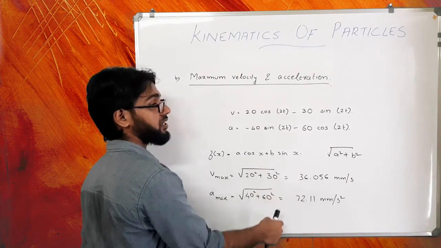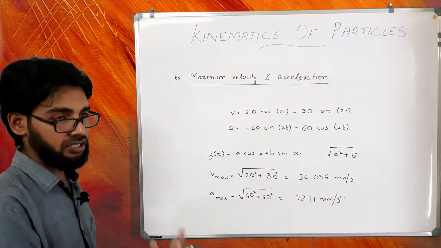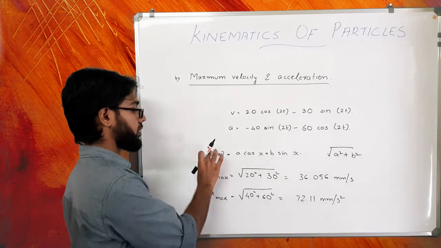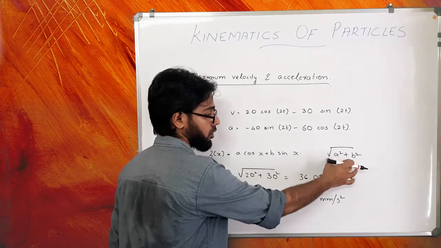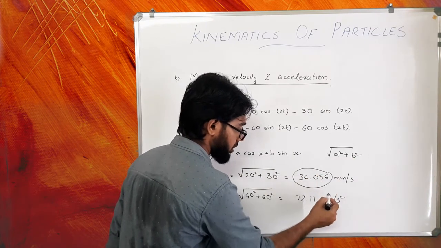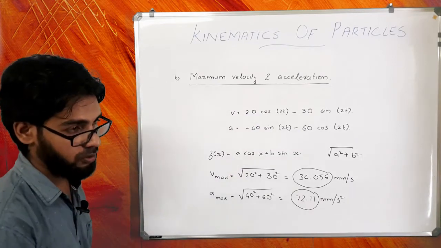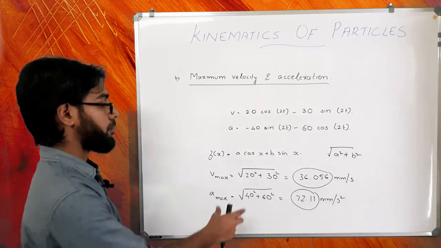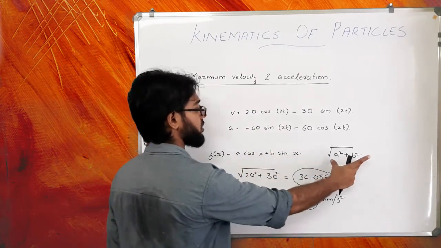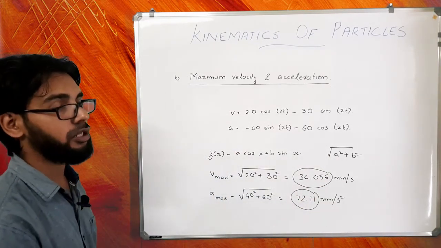We will get only the magnitude. We won't be able to get the actual direction if you are solving by this method. So here we can get only the magnitude of the velocity and acceleration by finding the maximum value by this method.